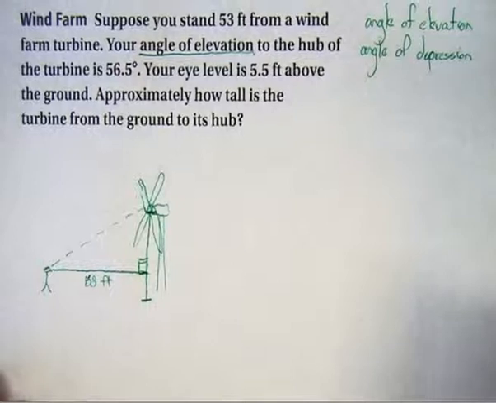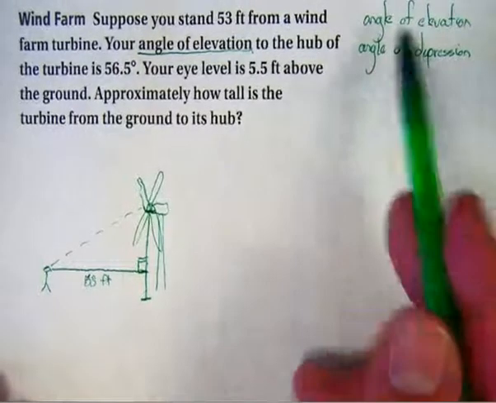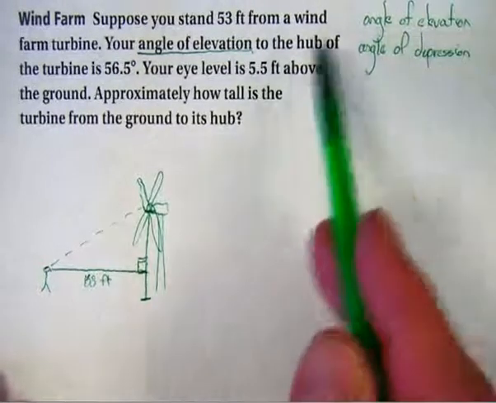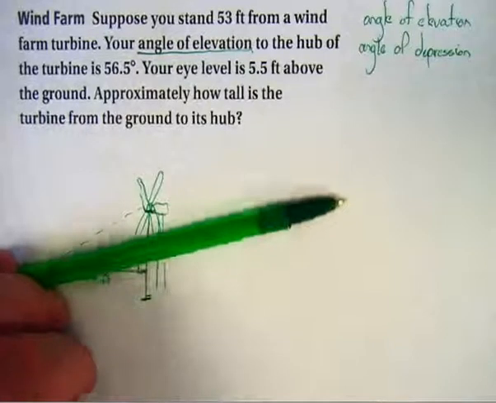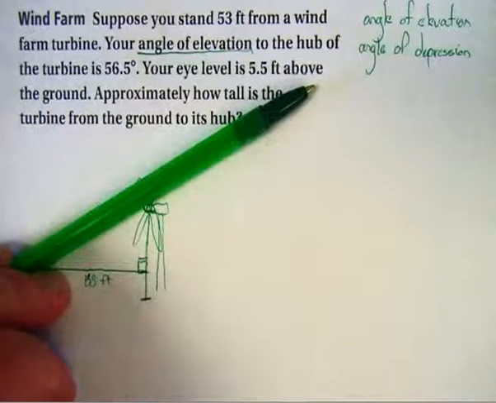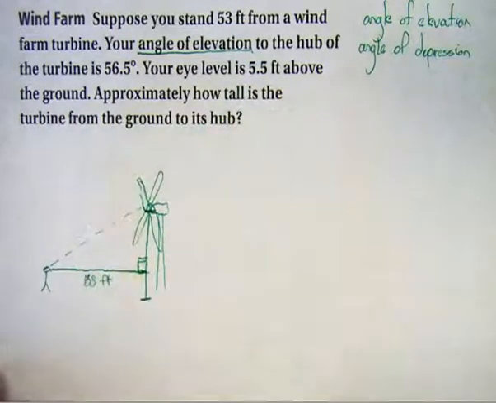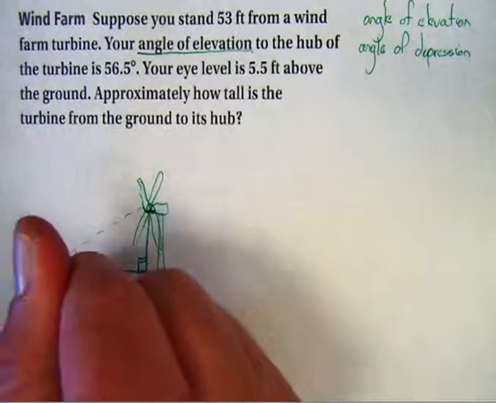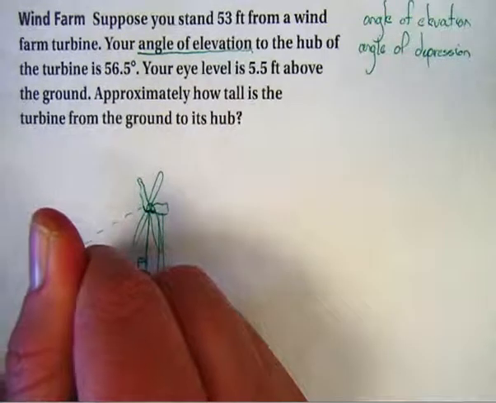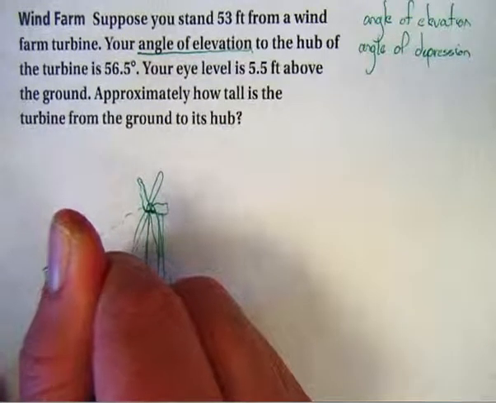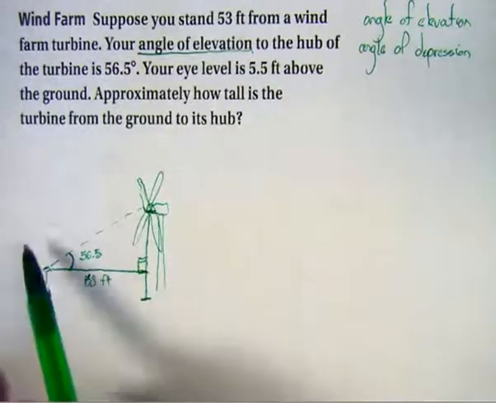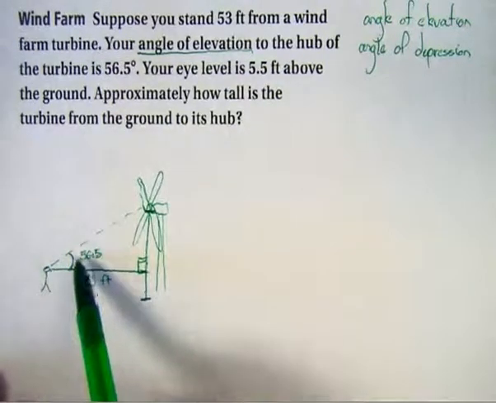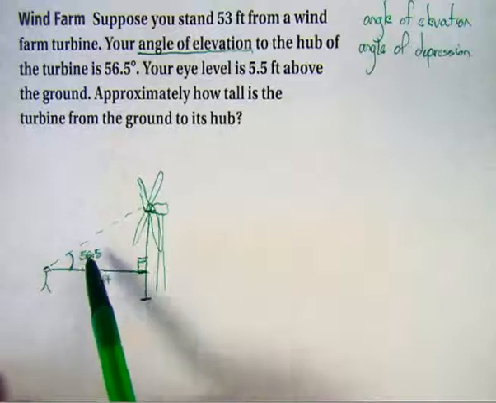So let's talk about how we figure this out, and it all hinges on this angle of elevation. Angle of elevation, again, is what angle you have to look up to be looking at that object. So the angle of elevation is right here, and we know that that is 56.5 degrees.